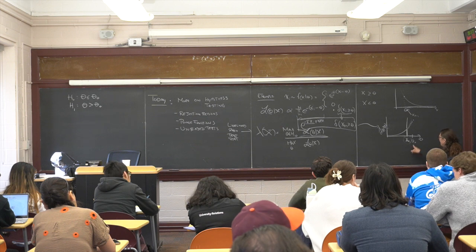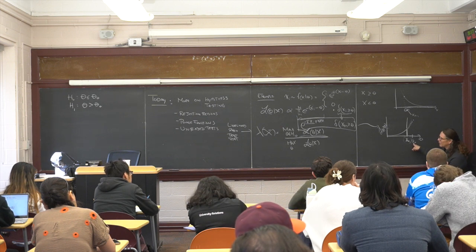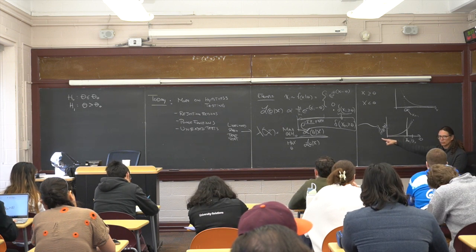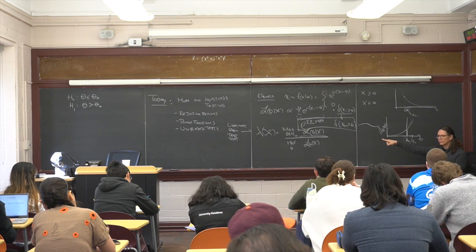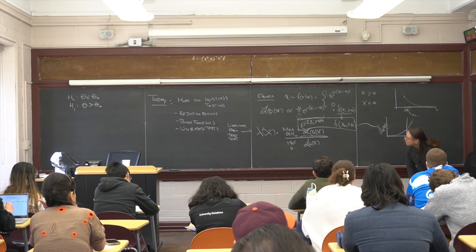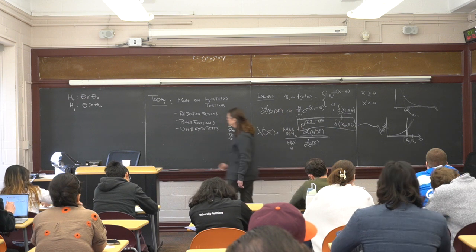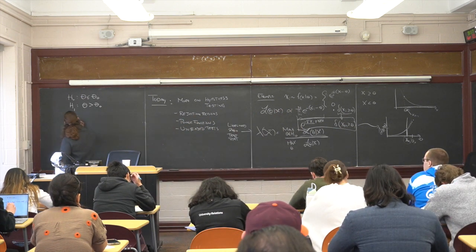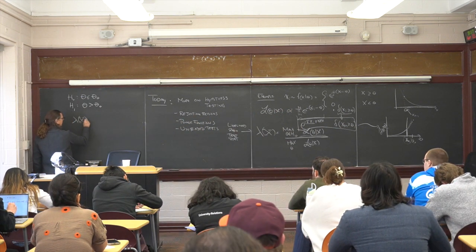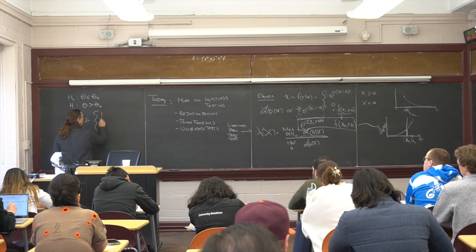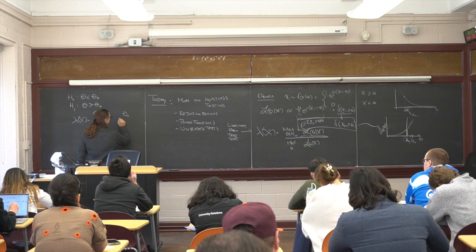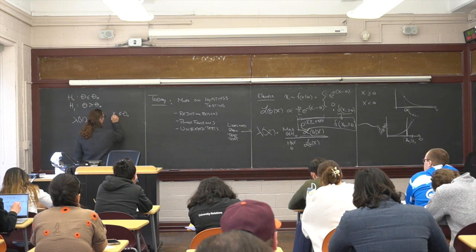And so if theta naught was greater than x1, then this likelihood ratio test statistic would be 1. Let's write that down. So lambda of x will be 1 if theta naught is greater or equal to x1.